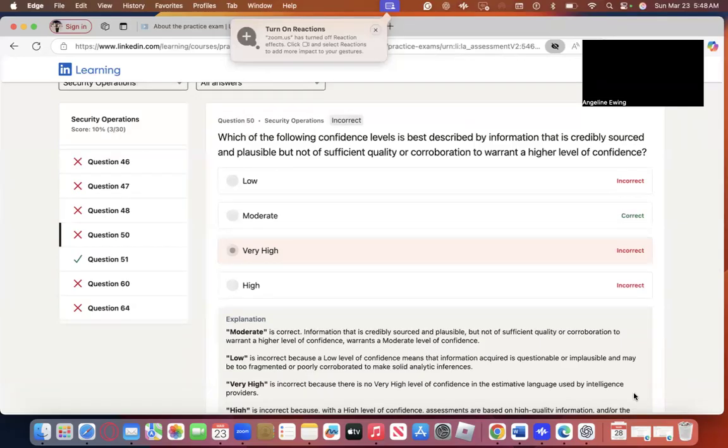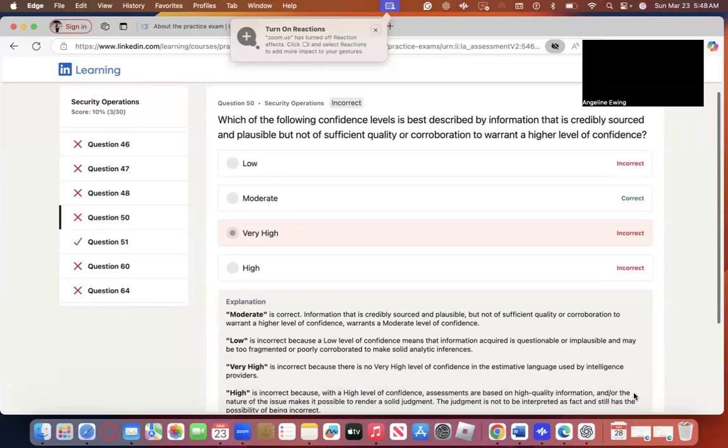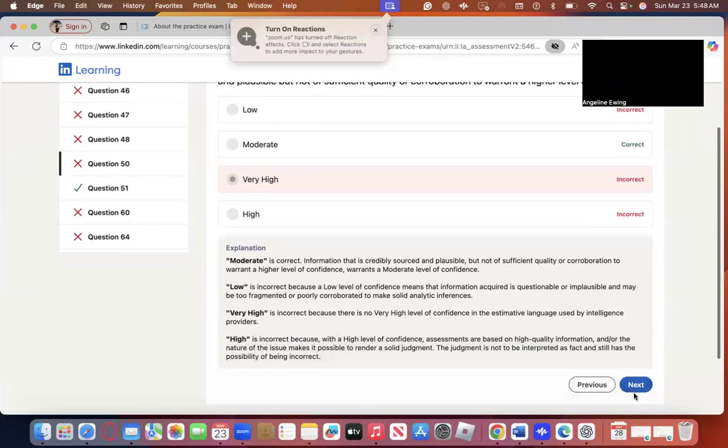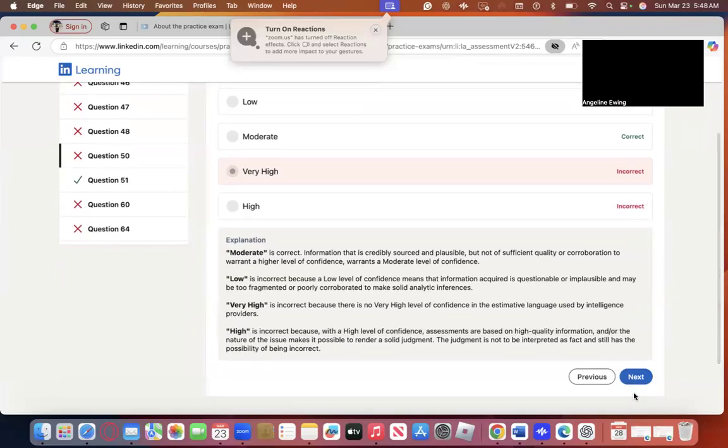Information that is credibly sourced and plausible, but not of sufficient quality or corroboration to warrant a higher level of confidence, warrants a moderate level of confidence. The incorrect answers are low, very high, and high.